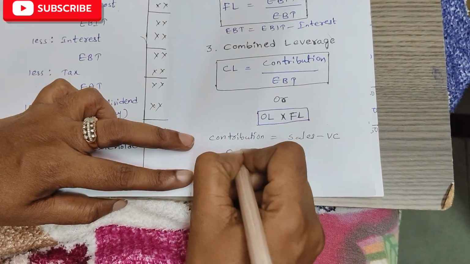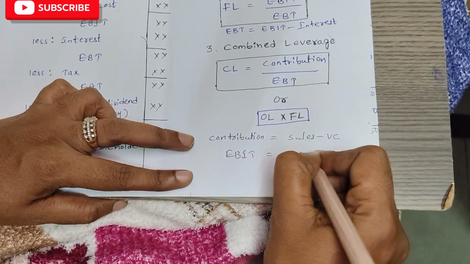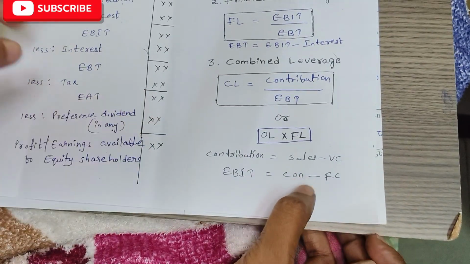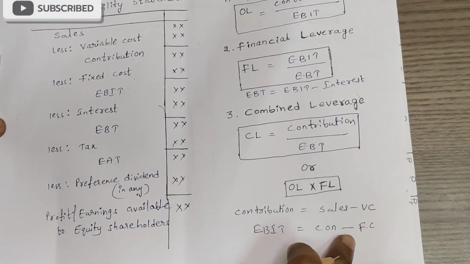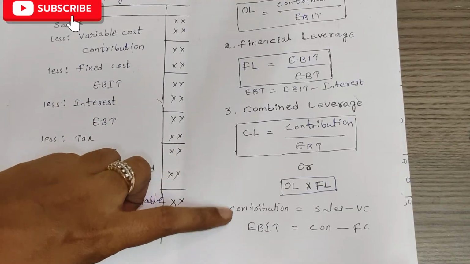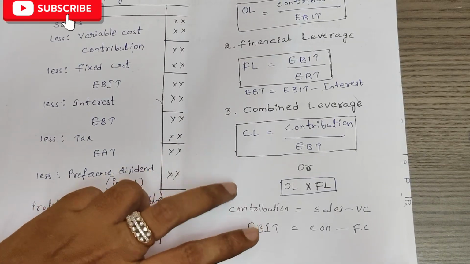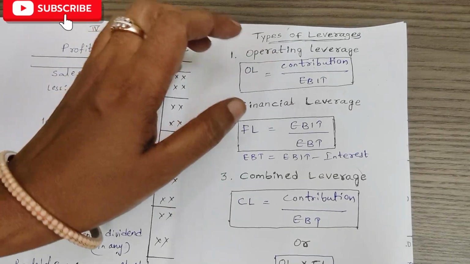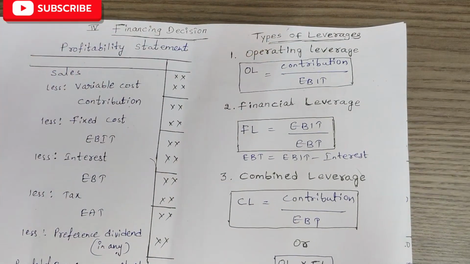In shortcut, EBIT is equal to contribution minus fixed cost. So if you know contribution and EBIT, just apply these two values in the operating leverage formula and you will get operating leverage. You just have to know this formula.